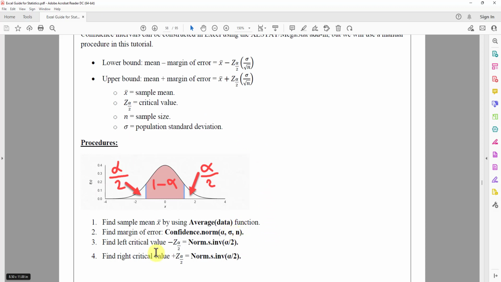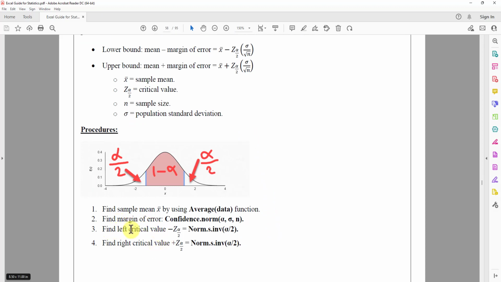For the left critical value, which is minus z alpha over 2, we can use the inverse norm function, NORM.S.INV, where S is the standard normal distribution, and we input alpha over 2, the left area.